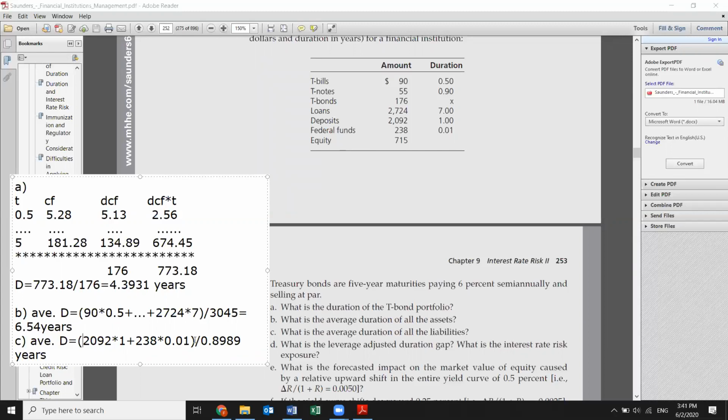If you add them up, this 2,092 plus 238 should give you the summation, and this number should be used as a denominator in here. So if you add them up, 2,330.